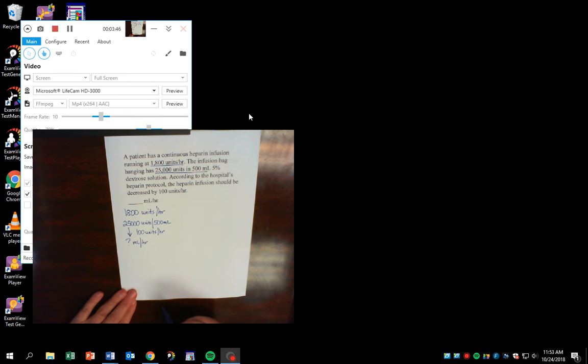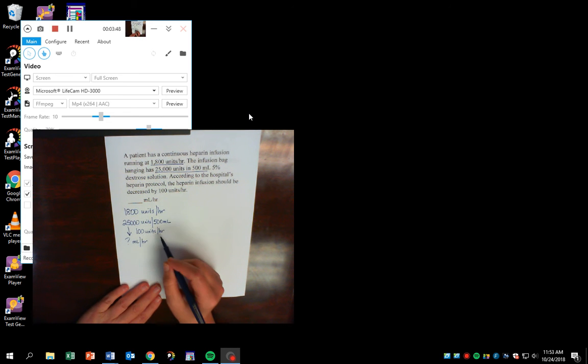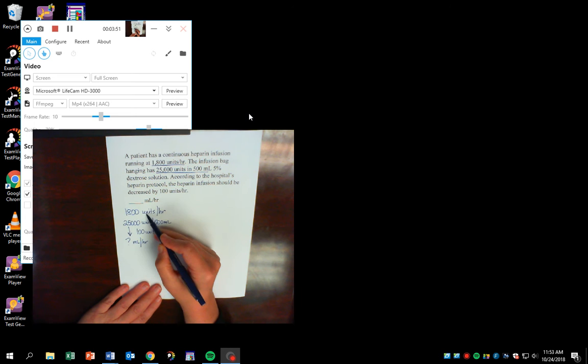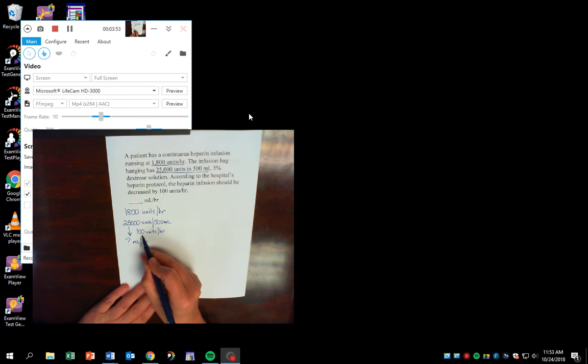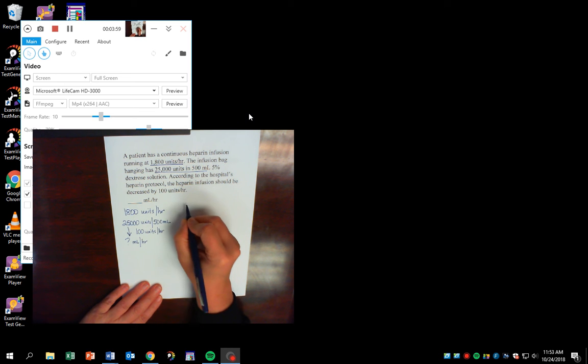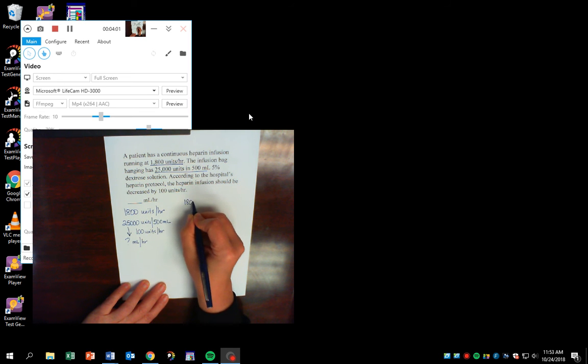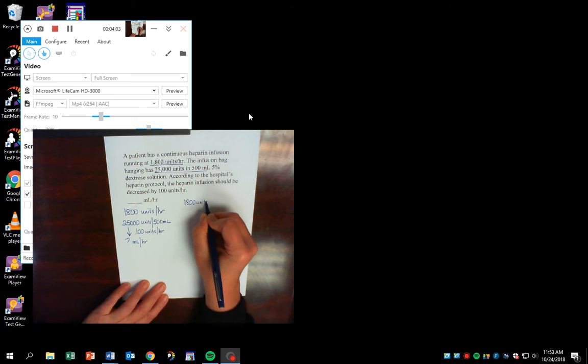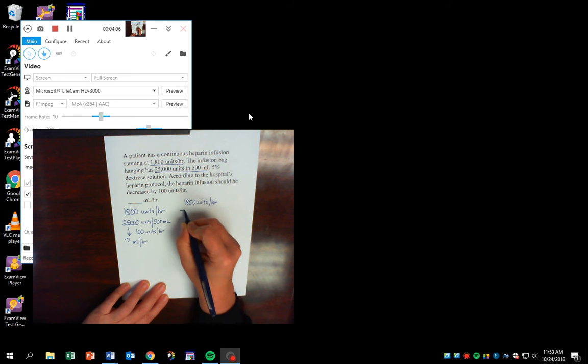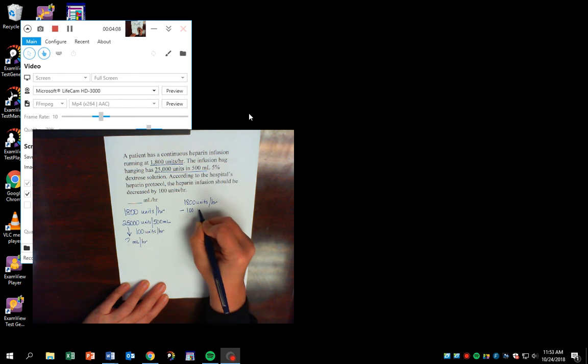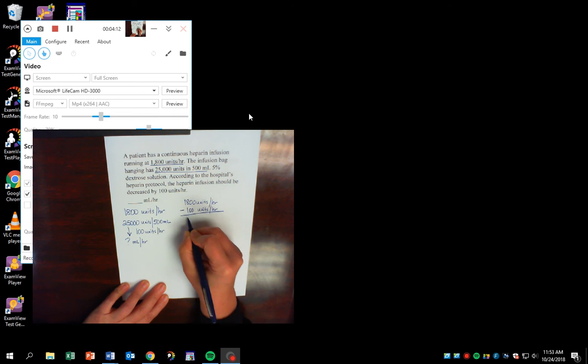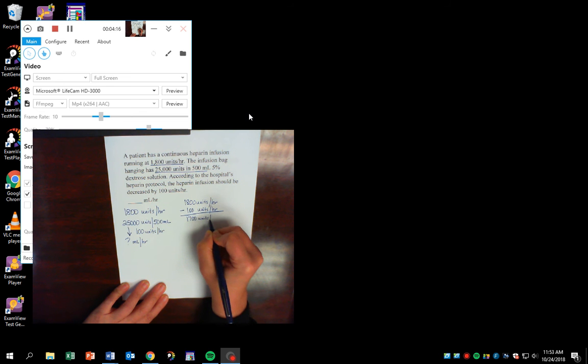So ultimately, we want to figure out our new units per hour by subtracting this, because we can do that very easily. So all we have to do there is 1,800 units per hour minus our 100 units per hour. And then that gives us 1,700 units per hour.